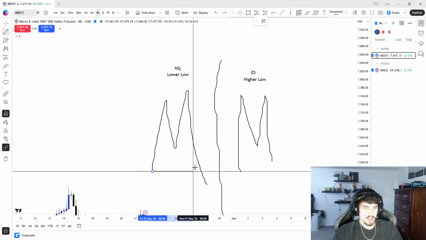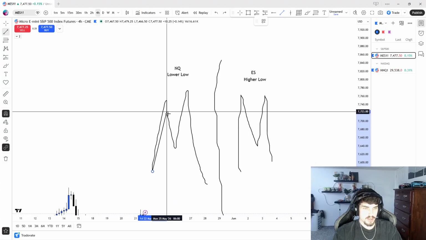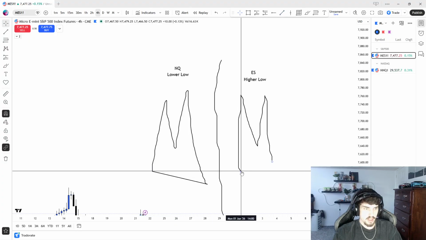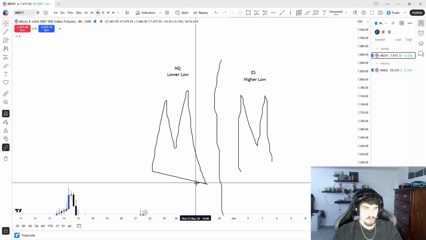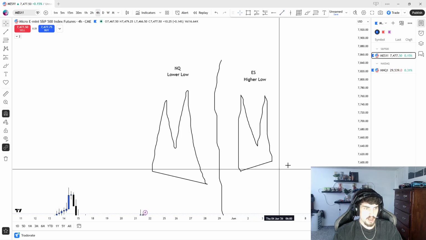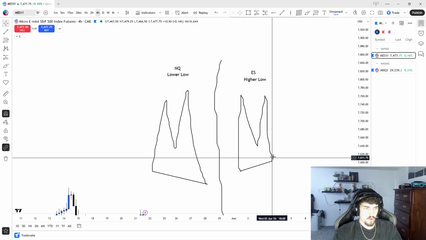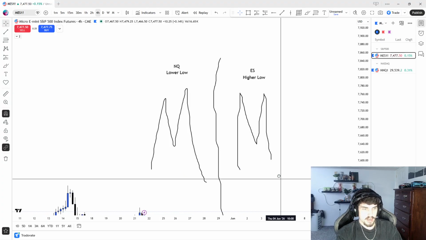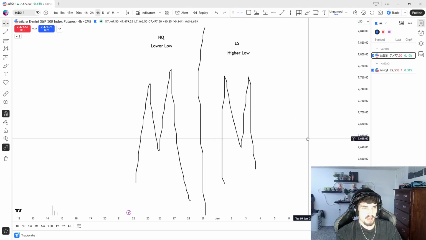You can see that this one comes down on this side and makes a lower low than the side over here. And we can see that the other one makes a higher low than this one on the other side here. And what is that called? That is called an SMT divergence.